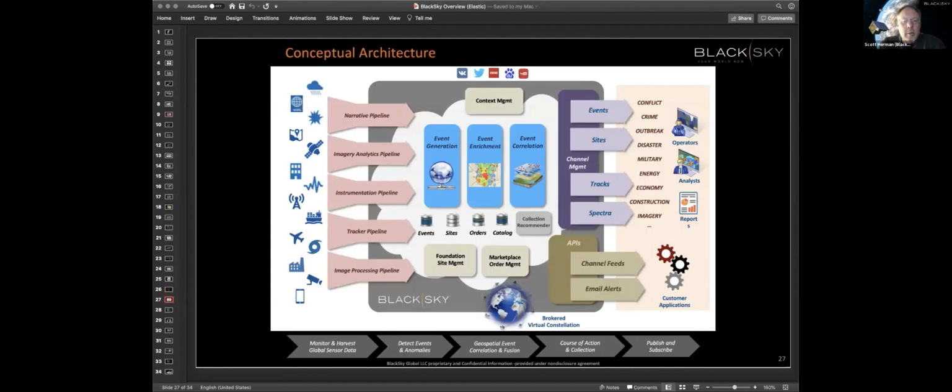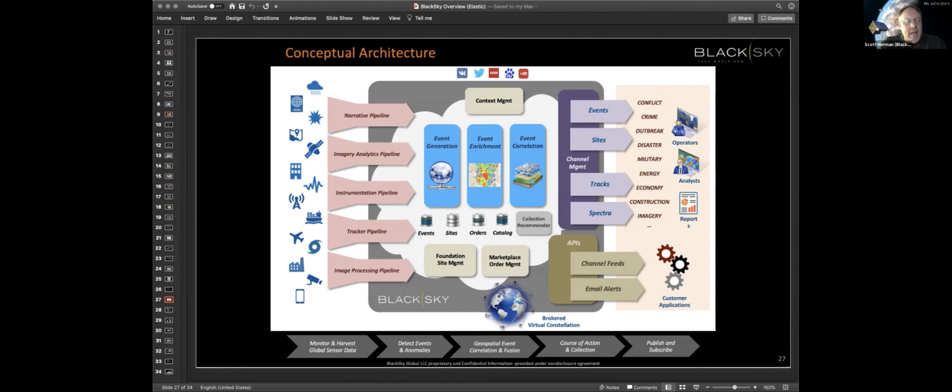So let's talk a little bit about the architecture, and we'll start getting into how Elastic plays a role in this. This is very conceptual, but the idea is that we have a series of different types of processing pipelines depending on the type of data. So for example, our narrative pipeline is all about processing unstructured text data.